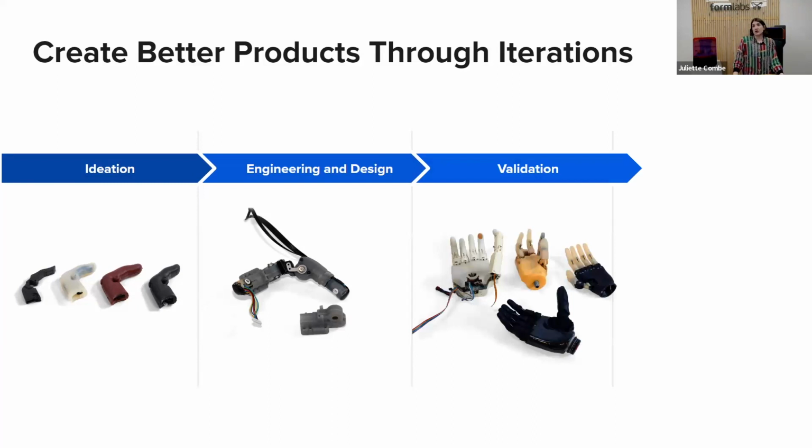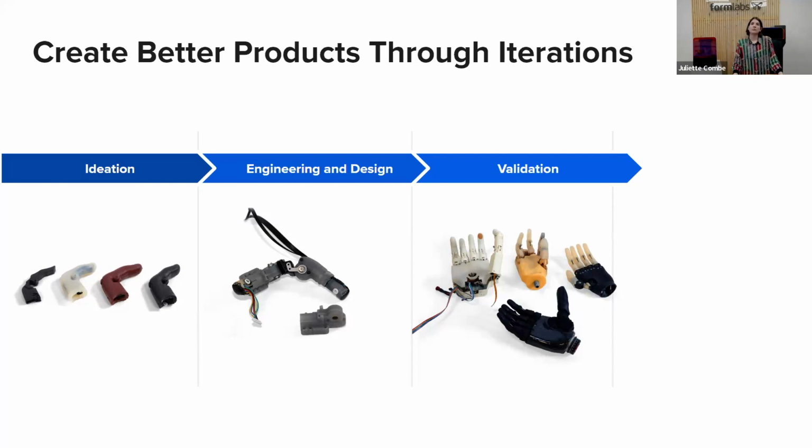Then you go into validation, which is a phase of intensive testing. This is where you set up engineering prototypes, beta prototypes. You test your product with your beta testers, and you also test your product for setting up production lines.